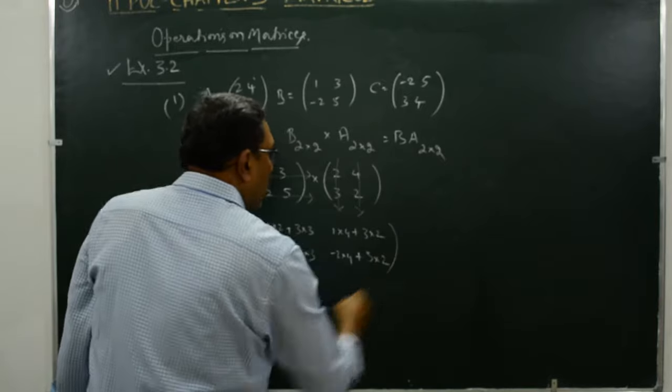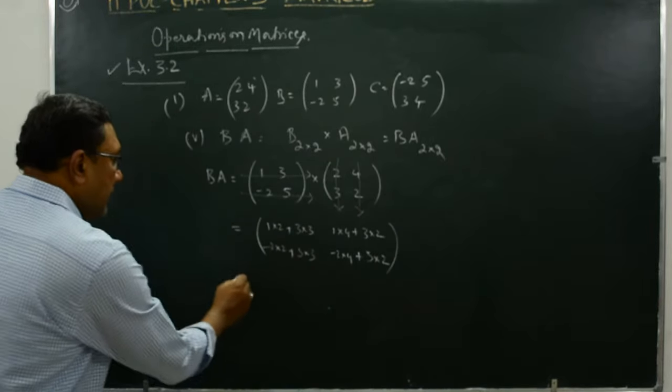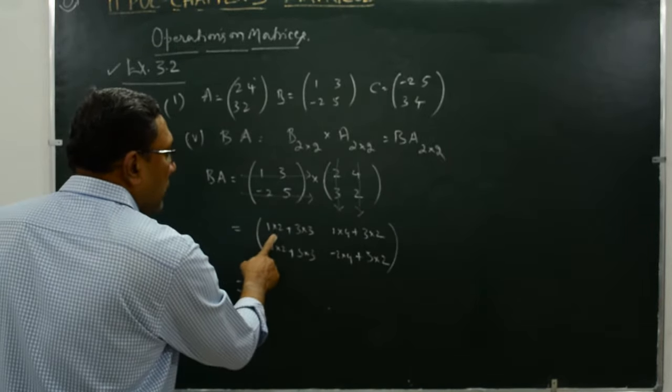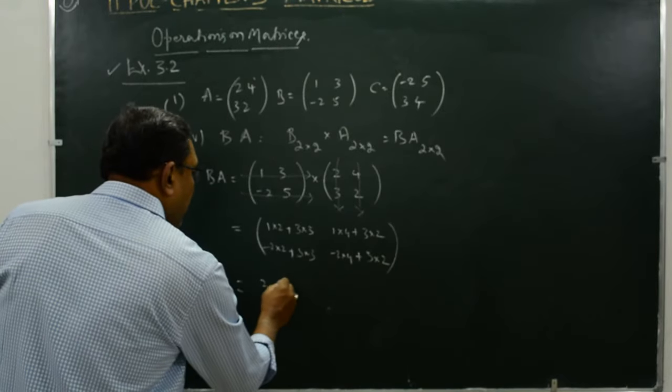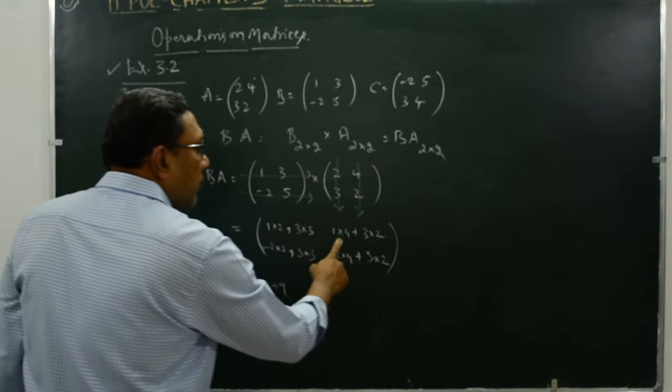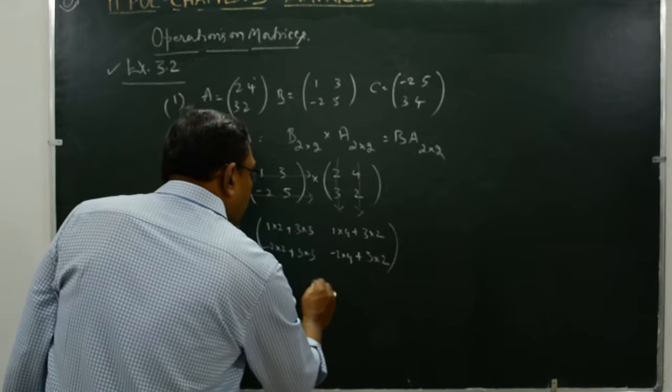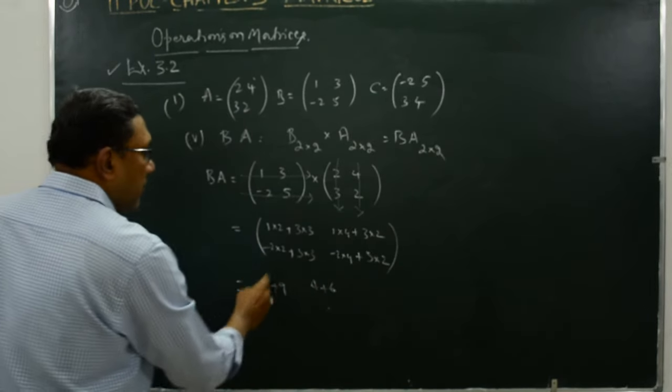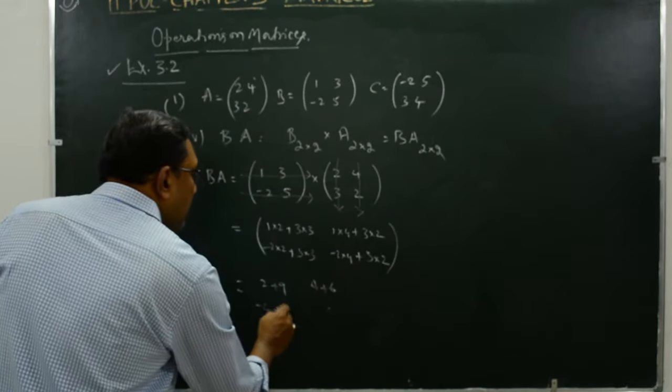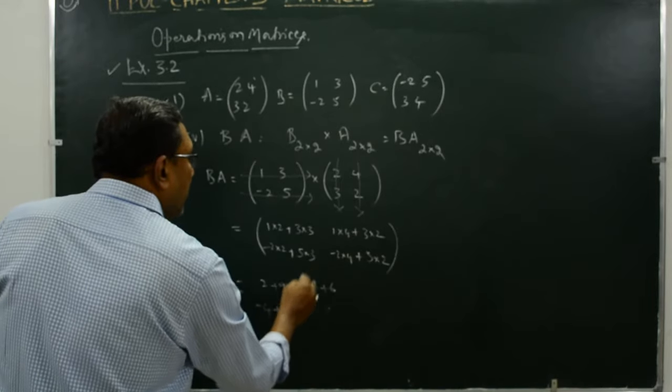What do we get? Resultant matrix is 1 2s are 2, 3 3s are 9, 2 plus 9. Here 1 4s are 4 plus 6. Here minus 4 plus 5 into 3 is 15.